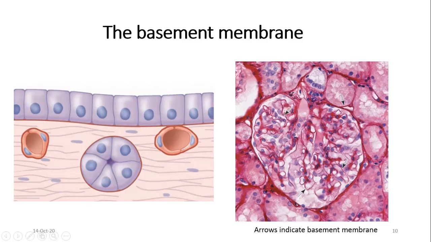In the right picture, the arrows indicate the basement membrane. In this histological section of the kidney, this is a glomerulus, and the dark red line surrounding it is the basement membrane, and this arrow also indicates basement membrane.